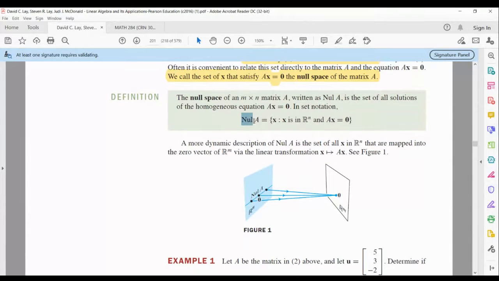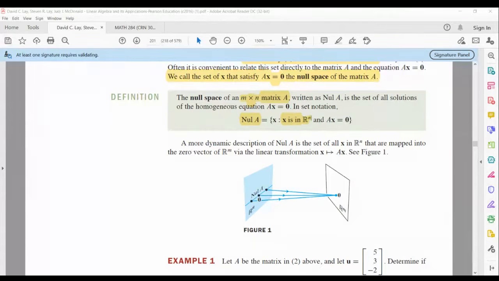So Nul A, which is an abbreviation for the null space of A, is the set of all X such that X is in n-dimensional space, and it would be if you had an m by n matrix A. Then if you multiply A times a vector X, the dimensions on X would have to be n by 1. So the null space of A would have to be the set of vectors such that X is in n-dimensional space, and A times X equals 0.